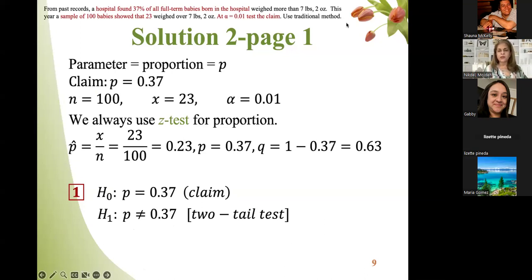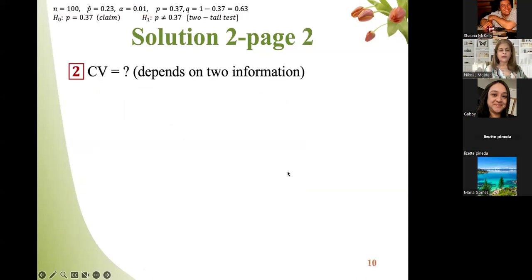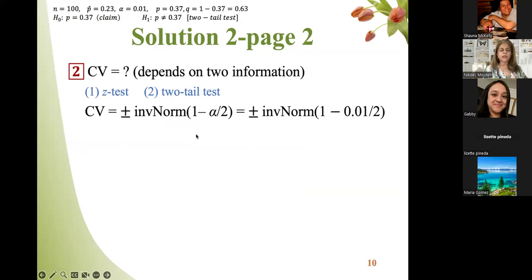Now, since I'm dealing with the traditional method, the next step is to find critical values. Critical value depends on the z-test and the two-tail test. So look at your handout and we get a critical value of plus or minus inverse norm of 1 minus alpha over 2. So plus or minus inverse norm of 1 minus 0.01 divided by 2.